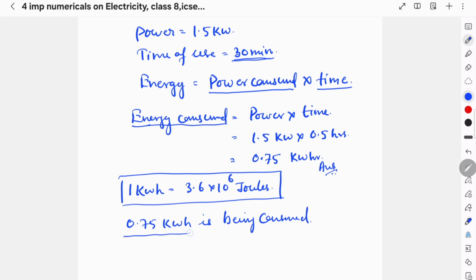So we have to convert 0.75 kilowatt hour into joules. 1 kilowatt hour is this much, so 0.75 kilowatt hour will be equal to 0.75 into 3.6 into 10 to the power 6 joules.